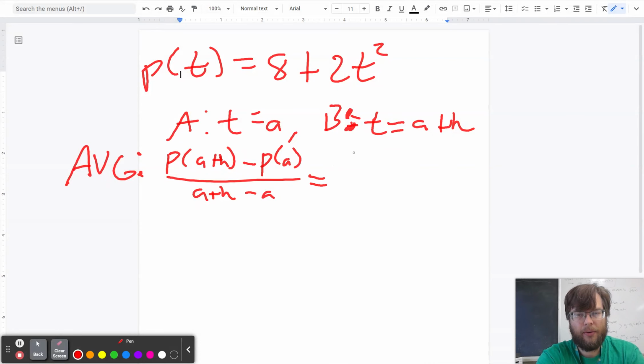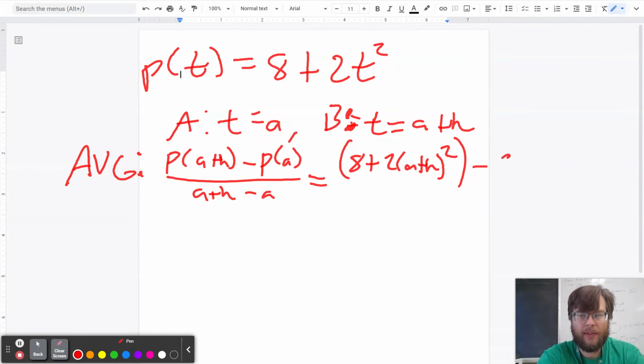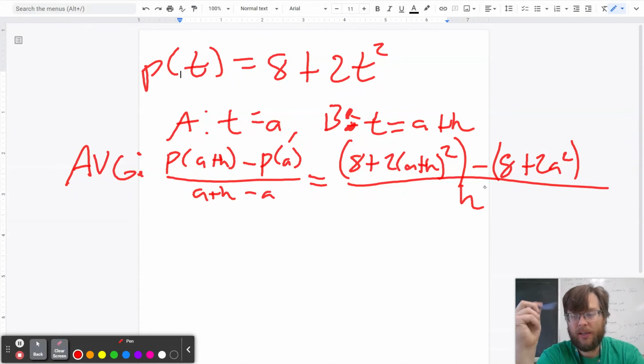And so that would be using the definition of our function, 8 plus 2 times (a plus h) squared, minus 8 plus 2 times a squared. I think I forgot to say squared on the first part. And then a plus h minus a becomes h.